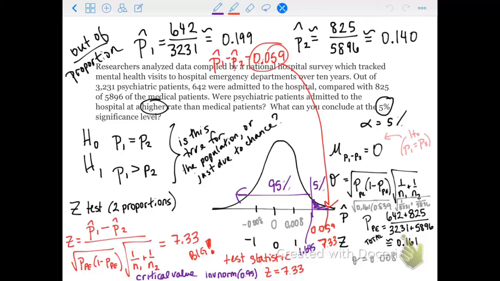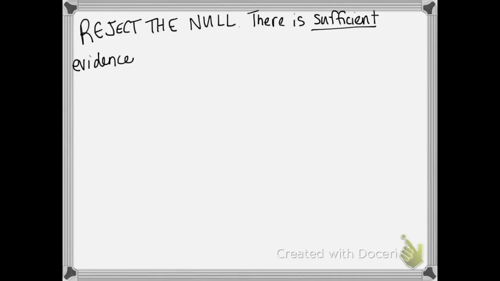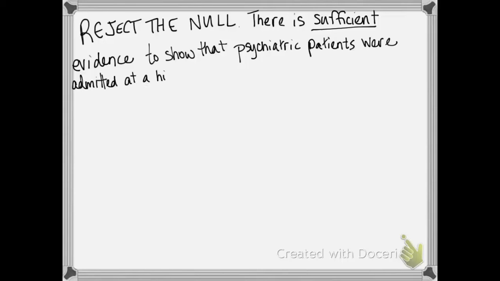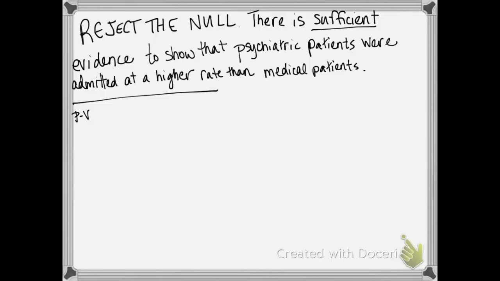As I figured, my test statistic lies in the critical region. It's really big. Therefore, I'm going to reject the null. What that means is there is sufficient evidence to show that psychiatric patients are admitted at a higher rate than medical patients.